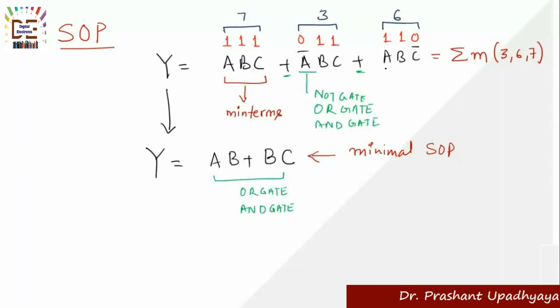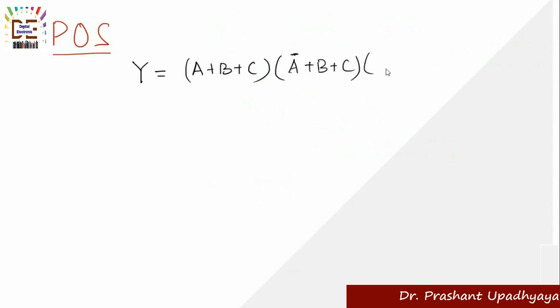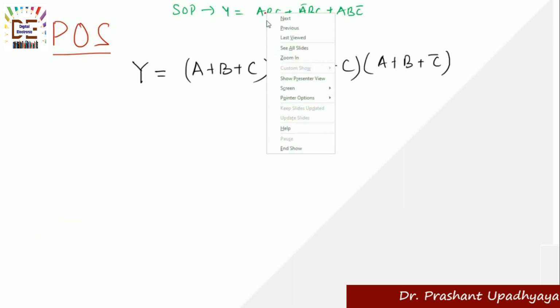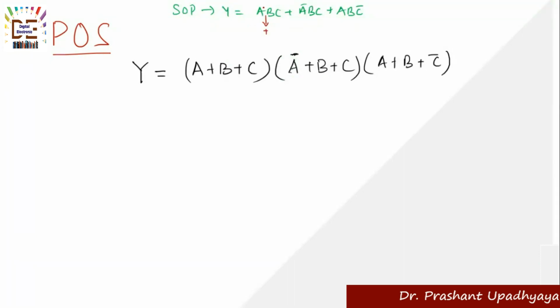You can see how SOP has been converted into POS. The initial SOP expression was Y equal to ABC plus A bar BC plus ABC bar. Now I have replaced my dot with plus and plus with dot.